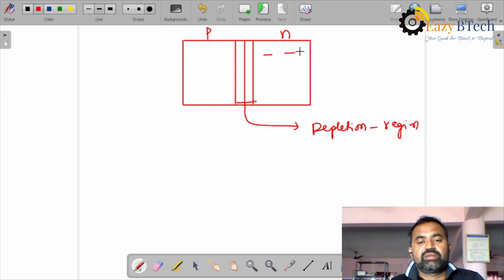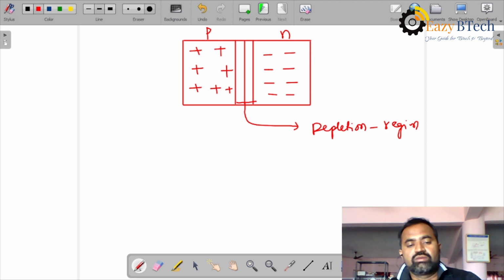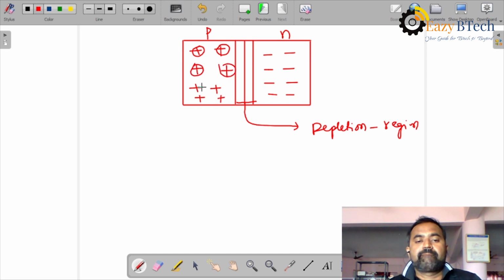This is a N-type material. It is a P-type material. Majority charge carriers are holes. In P side we have holes and negative acceptor ions. These are the holes, majority charge carriers and negative acceptor ions.